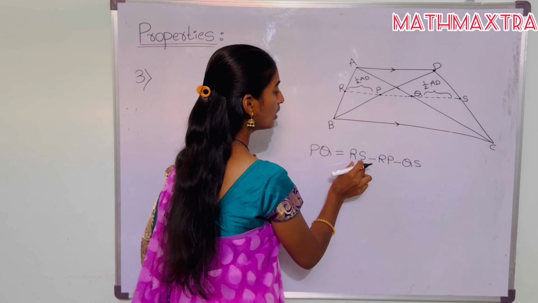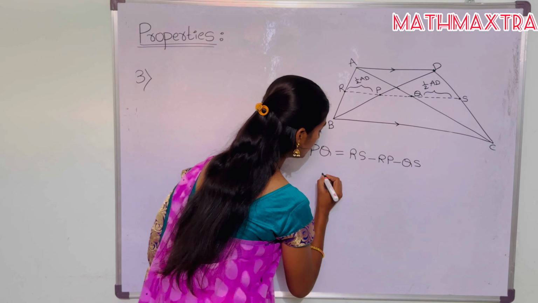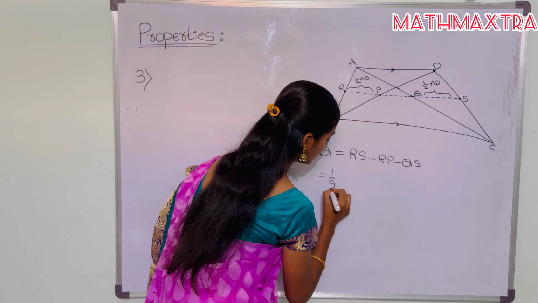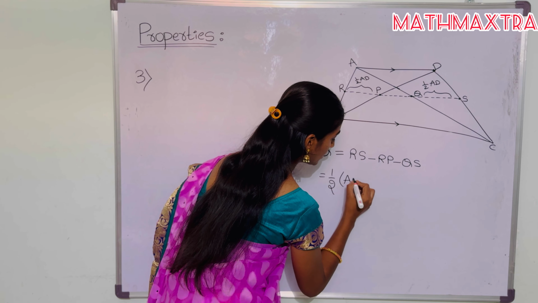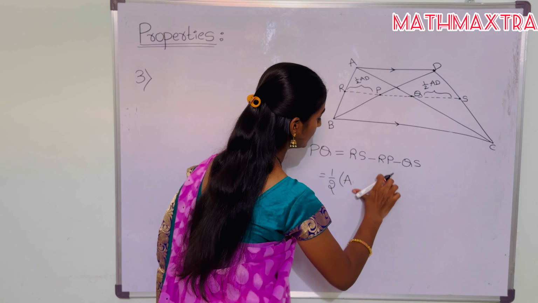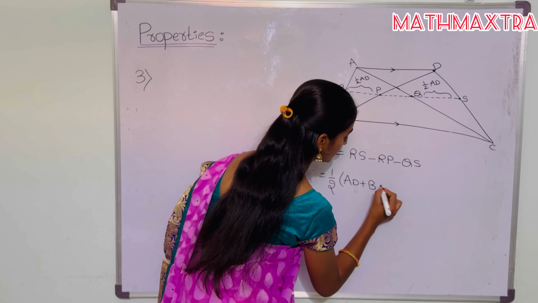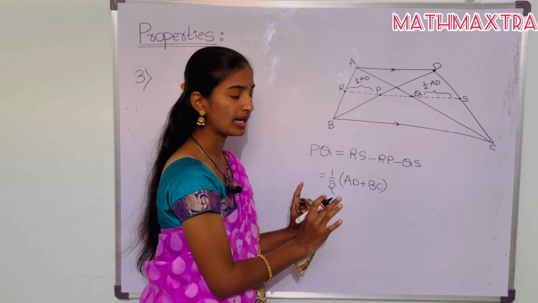So what is the length of the median? Just before we have calculated, it is half of the sum of two parallel sides, AD plus BC.